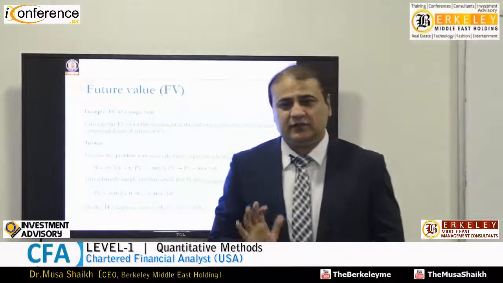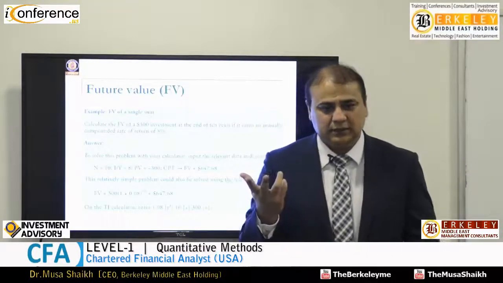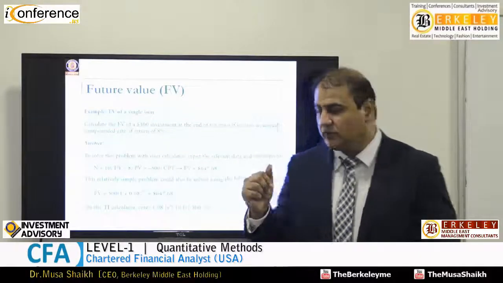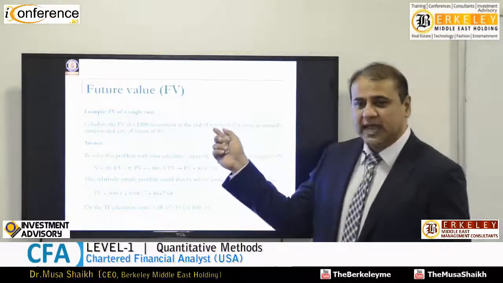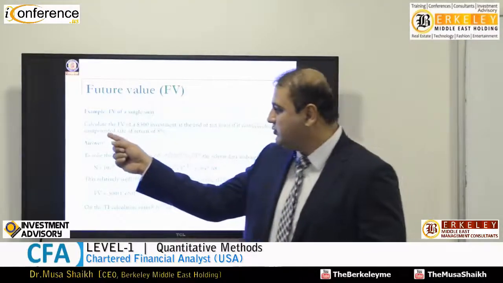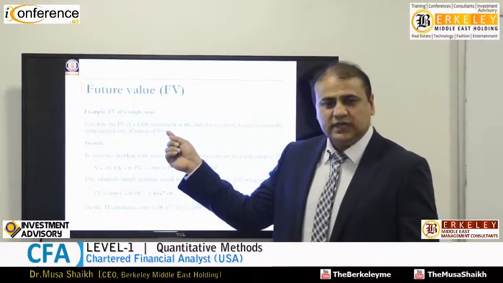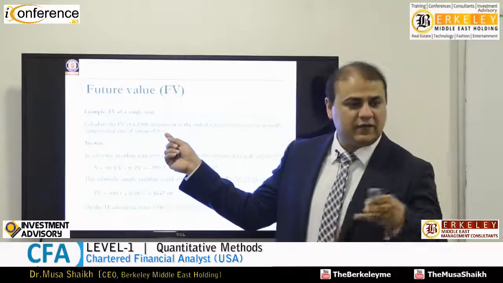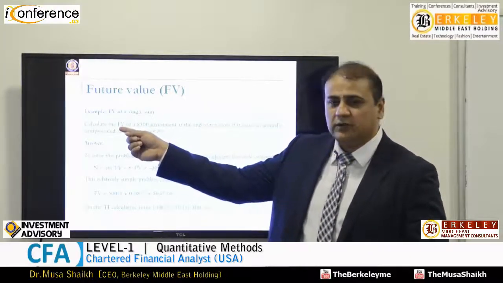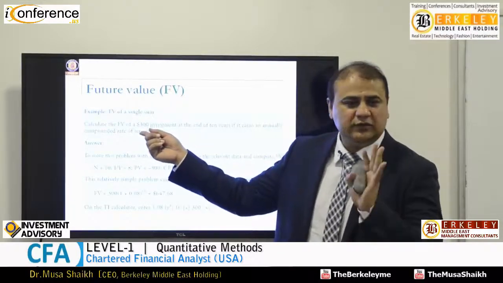The first thing as a student is to identify that the number of years is n, which is 10. It earns an annually compounded rate of return of 8%, so you have n and the interest rate, and he is asking you to calculate the future value. Present value is already with you.